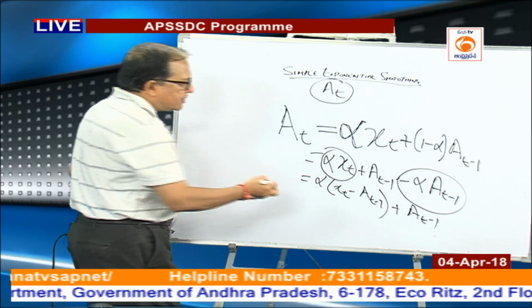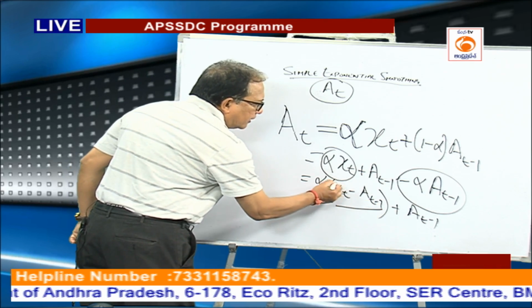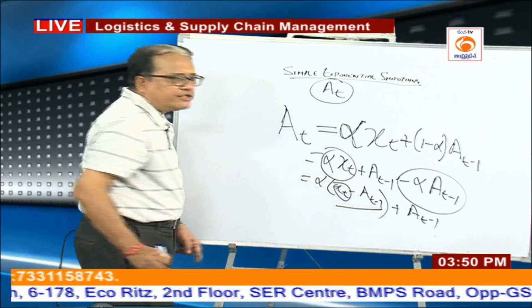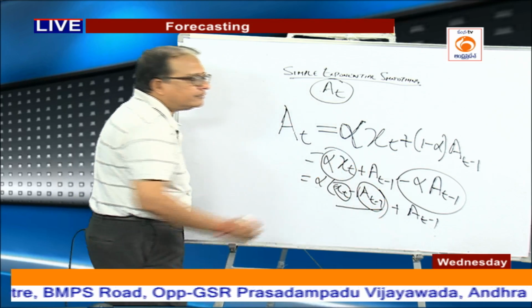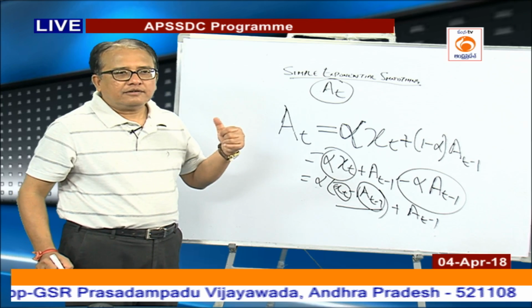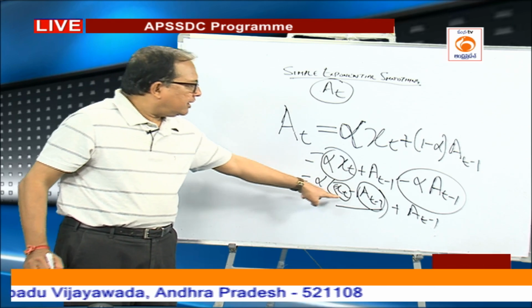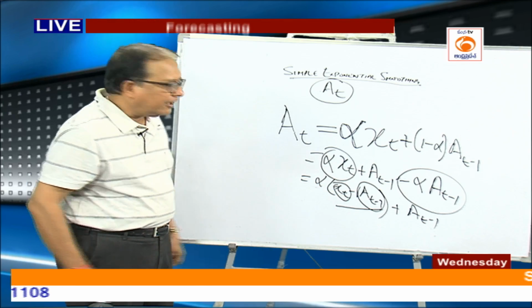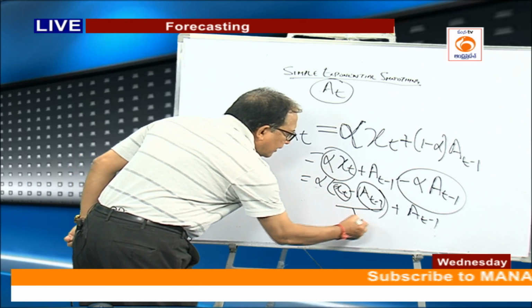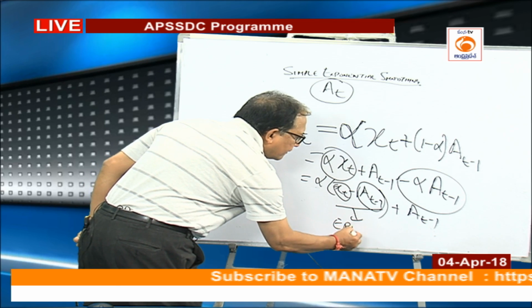Now, what is this? This is today's demand, and this is what I had predicted earlier for today. If there is a deviation, if there is a difference, that means I have the error factor.